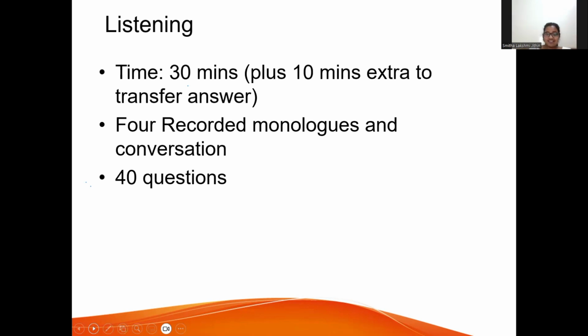Sometimes they would have written the correct answer in the question paper, but when transferring it to the answer sheet, they make a chronological disorder of the answers, which gives a wrong answer and brings your band score down.